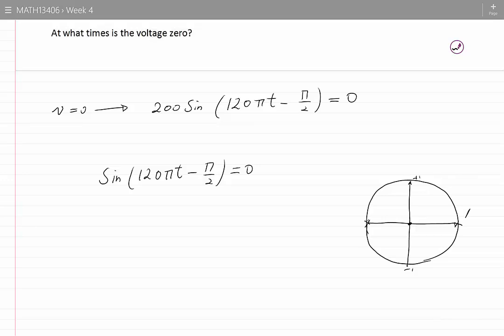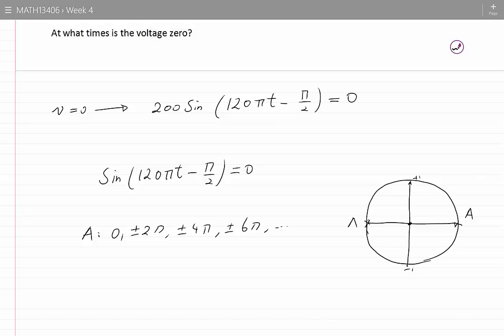Let's say point A is represented by 0 plus or minus 2 pi plus or minus 4 pi plus or minus 6 pi and so on.